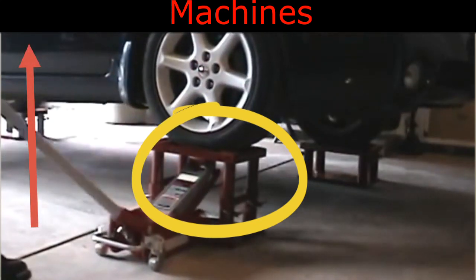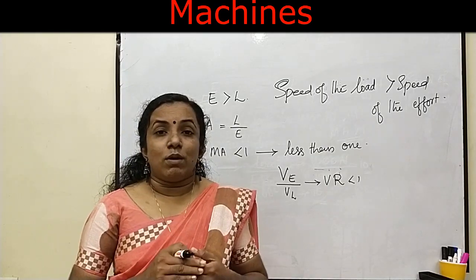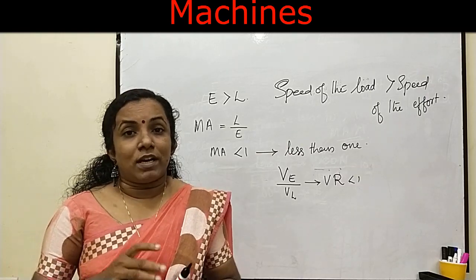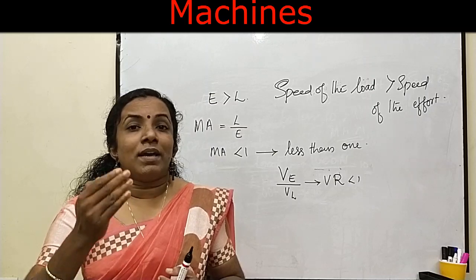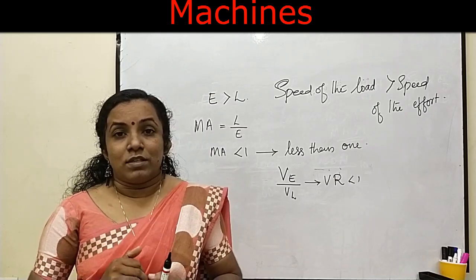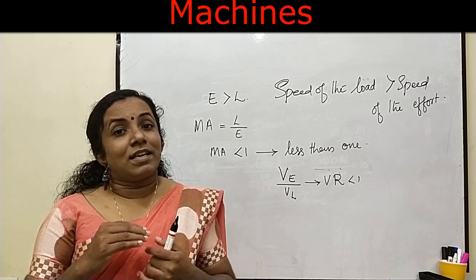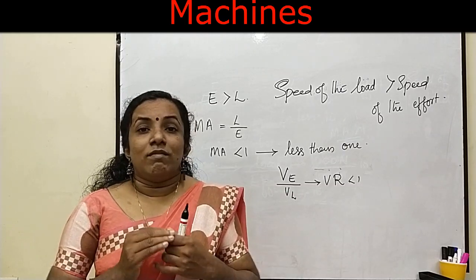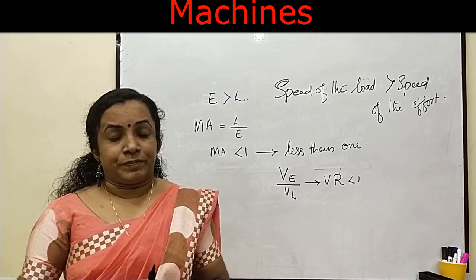So, load is more but speed of the load is less. Hence, velocity ratio will be greater than 1. Don't be confused. Velocity ratio is velocity of effort by velocity of load. So, load is in the denominator, and in the case of a force multiplier, velocity of load is less, so velocity ratio will be greater than 1.